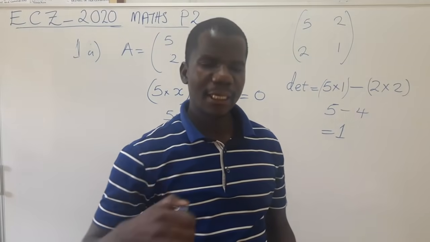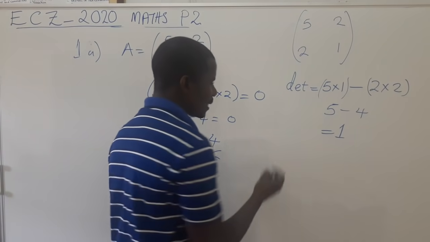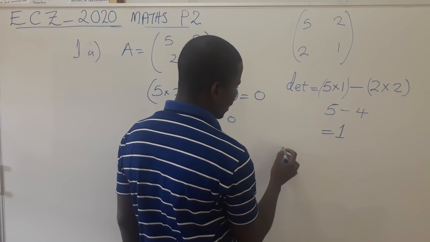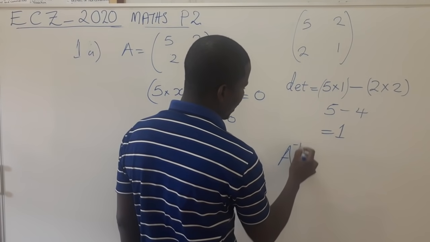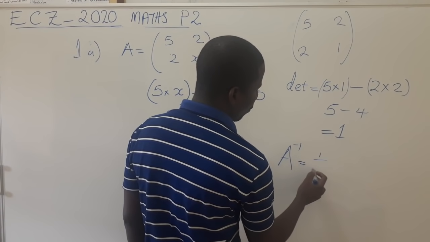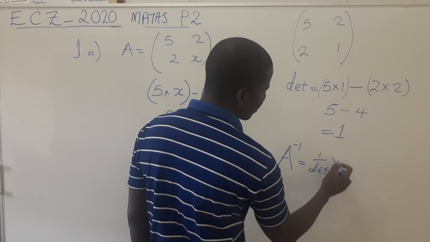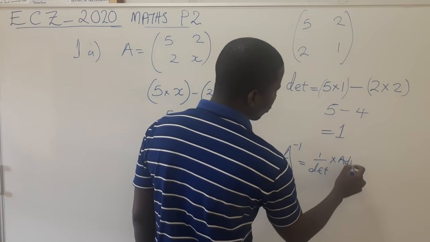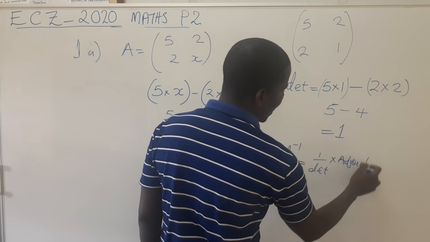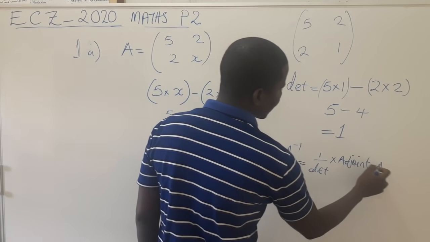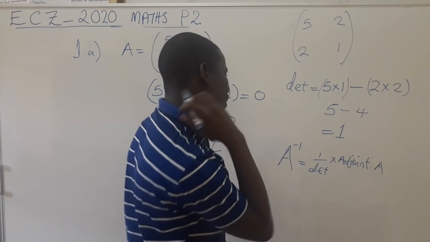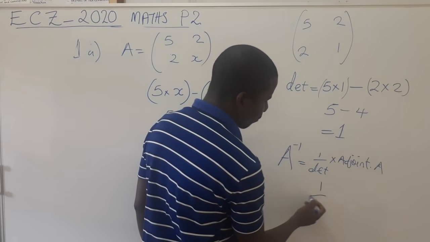Then how do we find the inverse? The inverse of A is equal to 1 over the determinant multiplied by the adjoint of this matrix A. Our determinant here is 1, so we have 1 over 1.